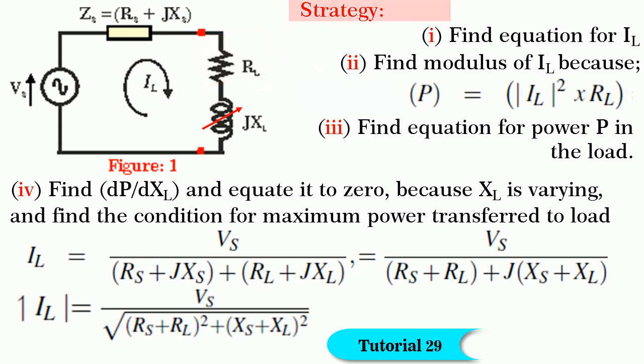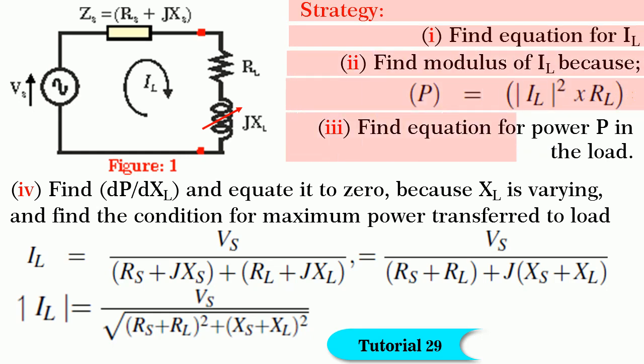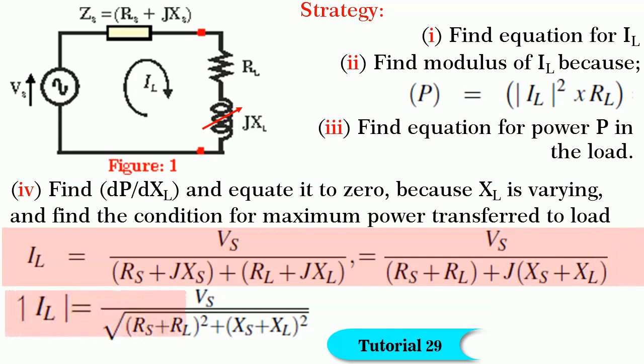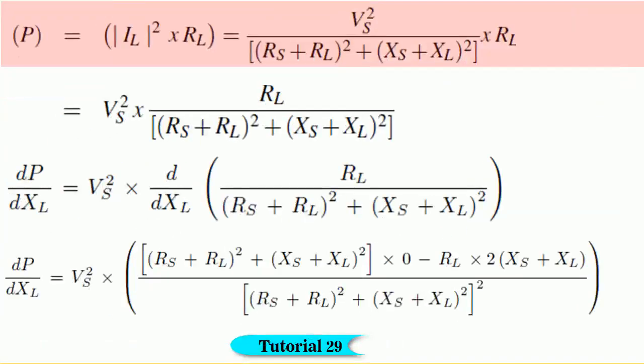The strategy of finding the condition for maximum power transferred across the load is the same as we saw in the earlier case, but note we have to find dP by dXL and equate it to 0 because the XL part of the load is varying. Therefore, equation for IL, mod of IL and power P will be the same as we got in the earlier case.